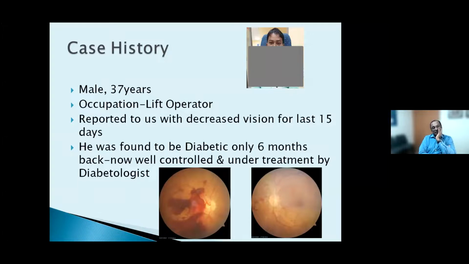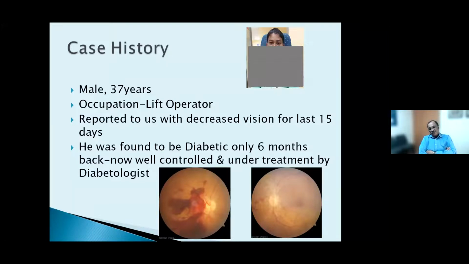So I usually prefer to proceed cautiously in these patients. After understanding his metabolic status, do a panretinal photocoagulation in one eye in 2 or 3 sittings and observe the patient closely. Once he becomes stable, I would think of doing the laser in the second eye.